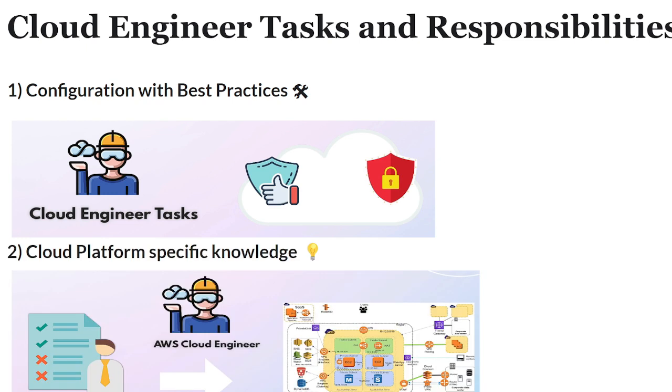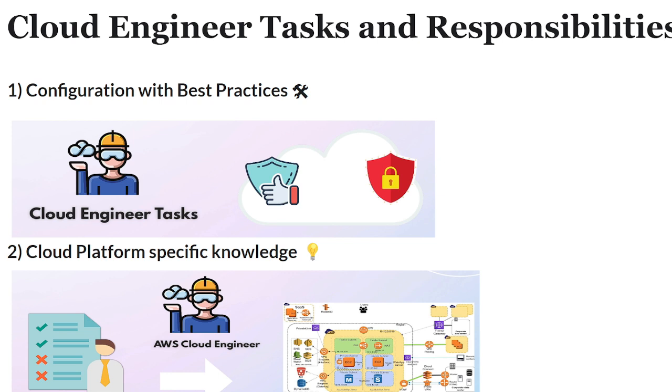Next is cloud platform specific knowledge. Cloud platforms are very different, and their services need to be configured, as I said earlier. So you need specific knowledge of that specific cloud provider to properly configure your infrastructure setup there. This means as a cloud engineer, you usually specialize in one cloud platform and learn how to use its services.